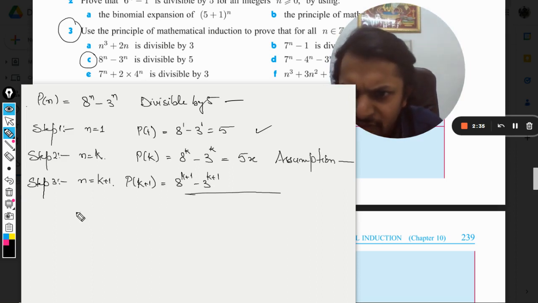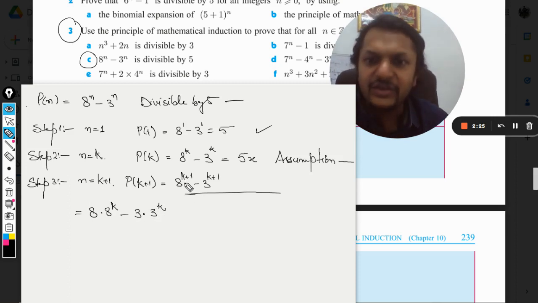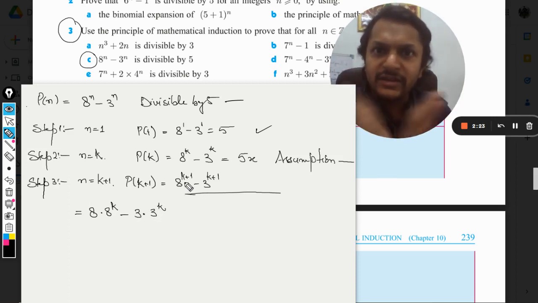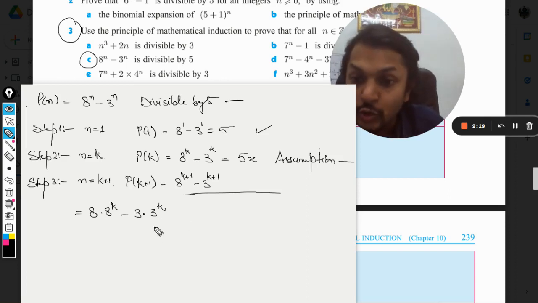So how can we write this thing? 8 multiply by 8 raised to power k minus 3 multiply by 3 raised to power k, isn't it? Like 8 raised to power k plus 1 can be divided into 2. Similarly, 3 raised to power k plus 1 has been divided into 2.